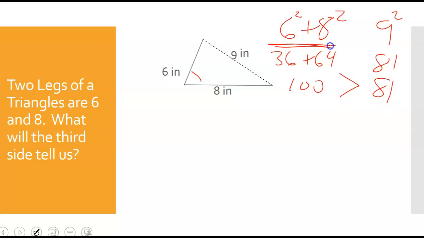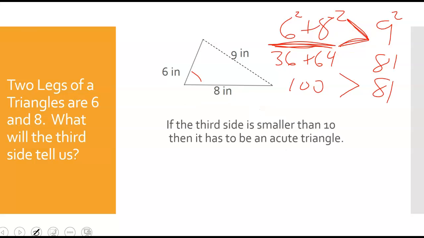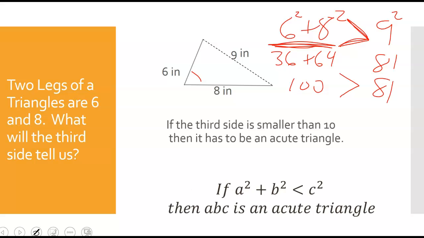So if the third side is smaller than 10, then it has to be an acute triangle. And I wrote this statement backwards; it should look like this: if a squared plus b squared is bigger than the biggest side squared, then it is an acute triangle.